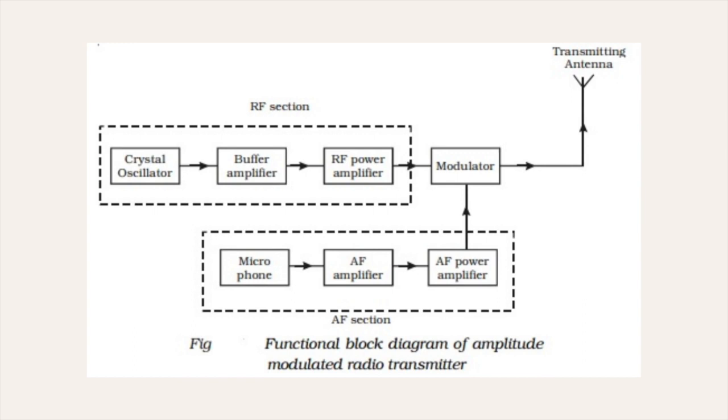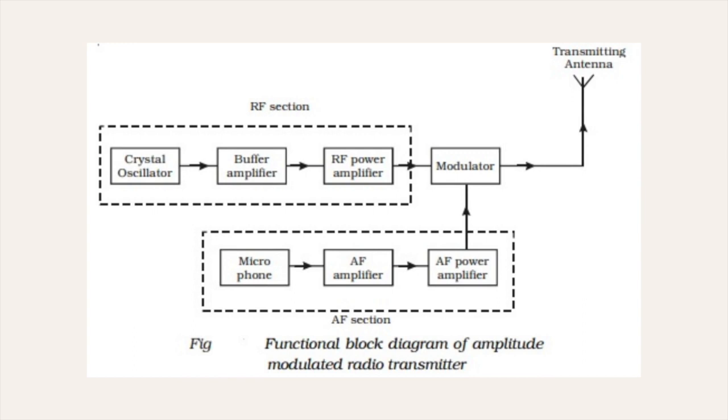The output from the AF amplifier is fed to the AF power amplifier, and this power amplifier provides the required audio frequency power. And the output of the AF power amplifier is given to the modulator. A modulator is an electronic circuit with transistor and passive components which performs the process of modulation. This is the partial working of the amplitude modulated transmitter and the whole work of the AF section.